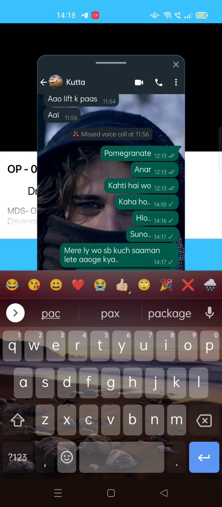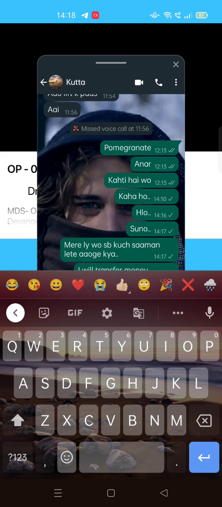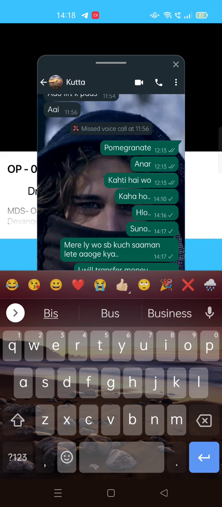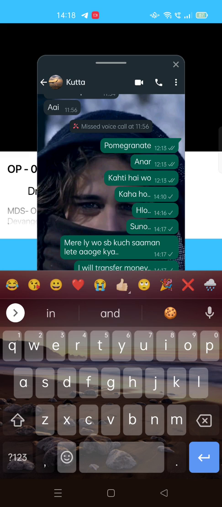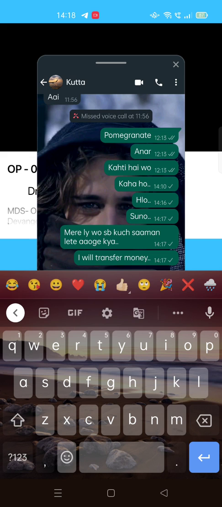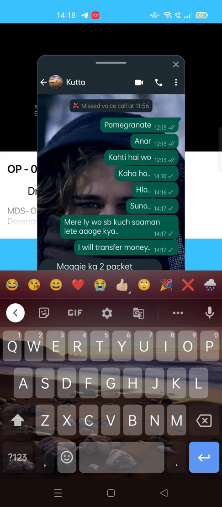Cyst is basically a pathological cavity which contains either fluid, semi-fluid or gaseous content, which may or may not be lined by epithelium. And if it is lined by epithelium, then we will call it a true cyst. If it is not lined by epithelium, then we'll call it a pseudocyst.